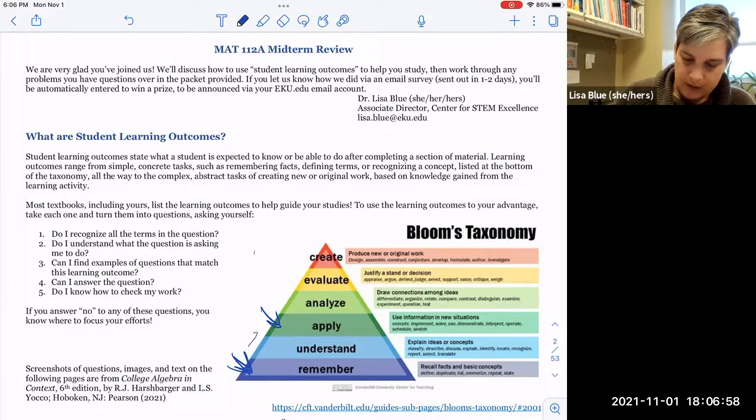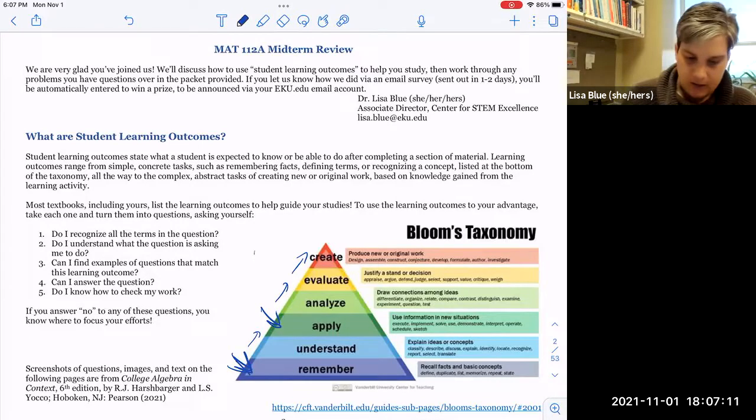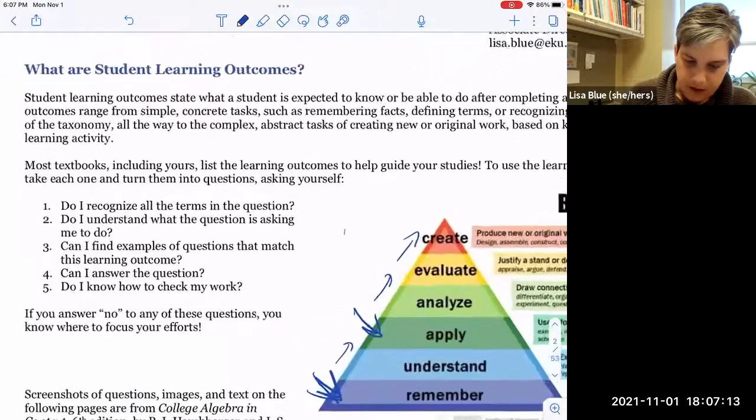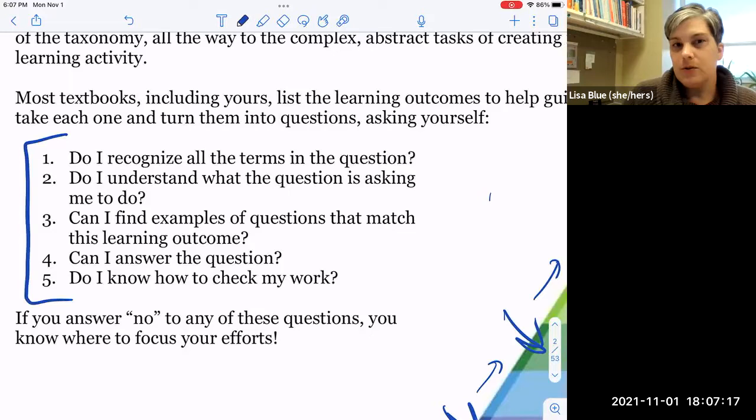And as you go up this Bloom's taxonomic pyramid, you see that the tasks get a little bit more challenging to accomplish. When you're looking at these learning outcomes, the heart of the matter is right here. I want you to use those student learning outcomes and turn them into questions.